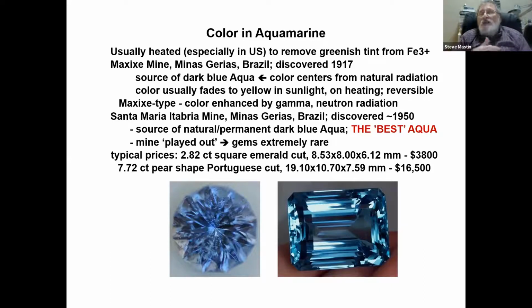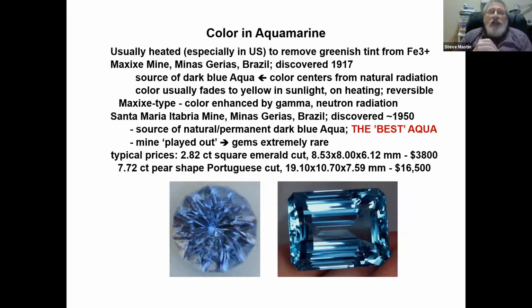But in the US market, that's a no-no. And the greenish tint is from the ferric ion impurity in the beryl. And so it's heated to get rid of the ferric ion, and you end up with a blue, which is what the US market thinks is a good aqua.